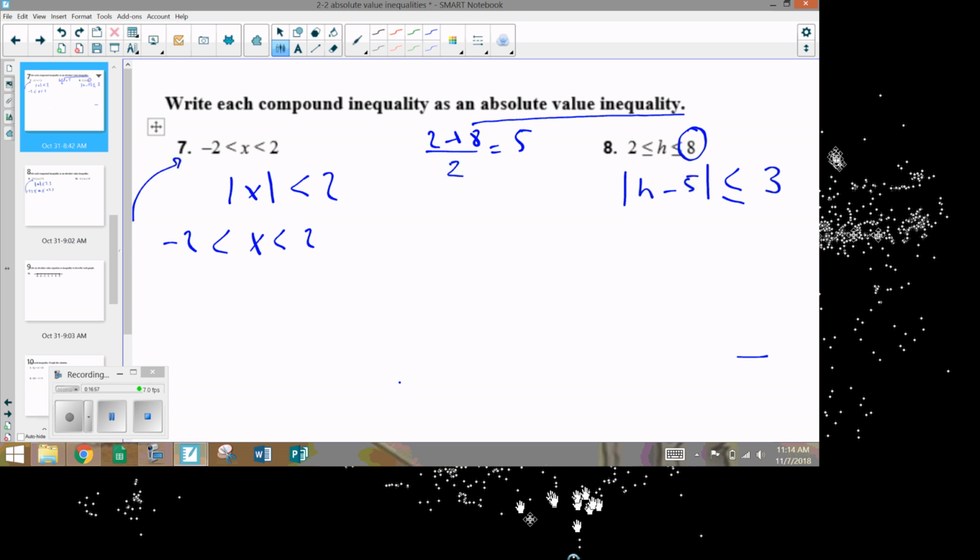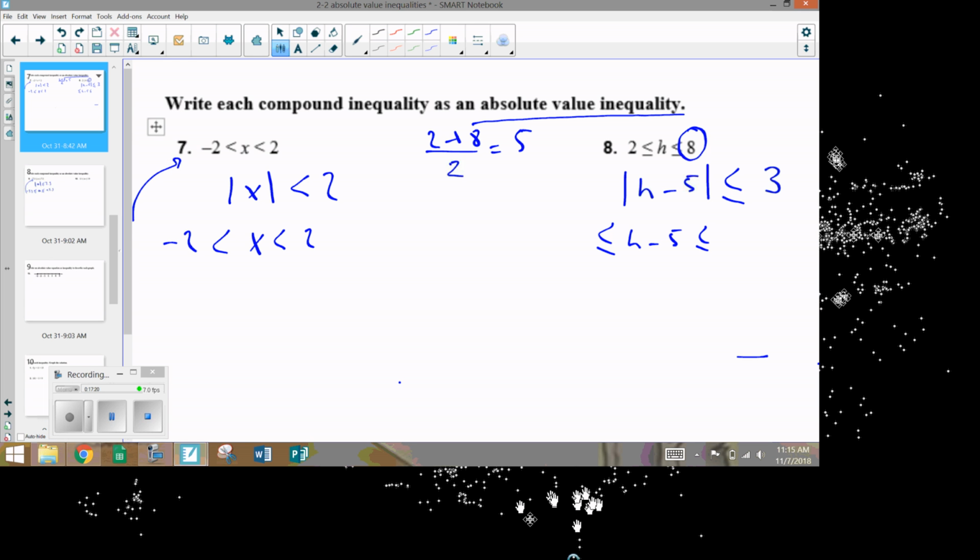So, is that correct? Yes, double check. How we were solving that? Put that in the middle. How did I get the 3? I subtract absolute value from the bigger number. 8 minus 5, 3. It always works. So, how to solve?